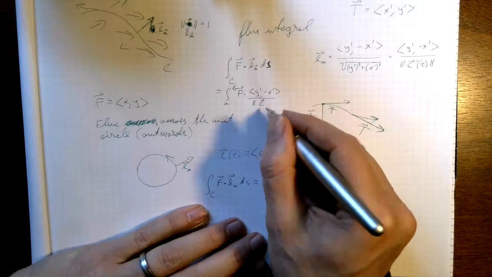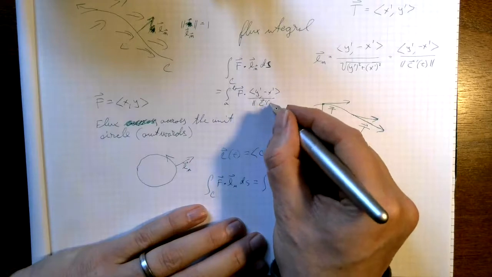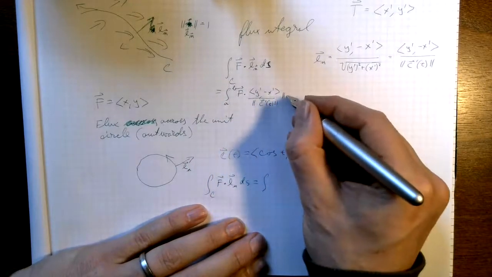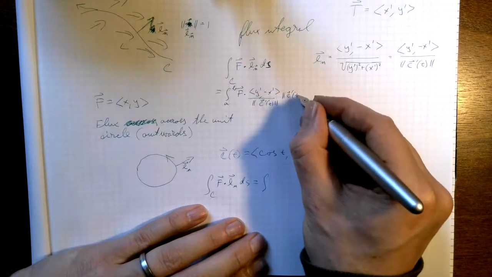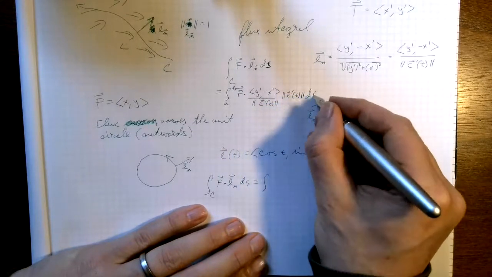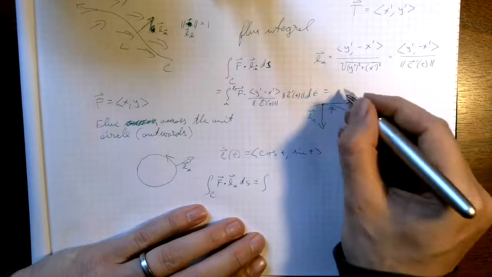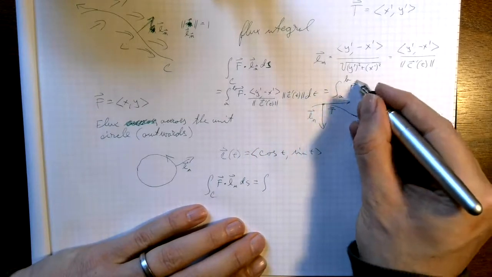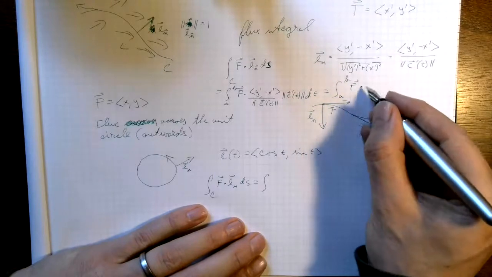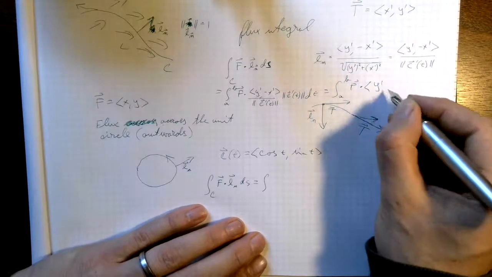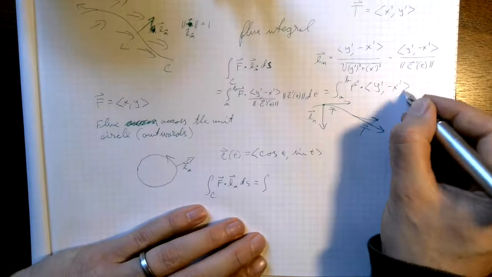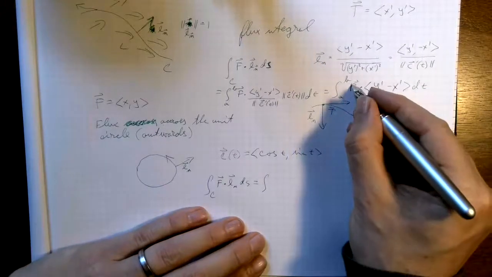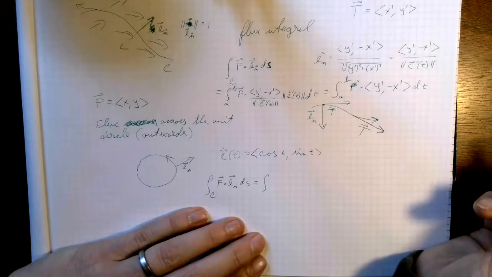And then the ds is the speed, so these things cancel, and the general formula is just y prime minus x prime dt. These are functions of t.